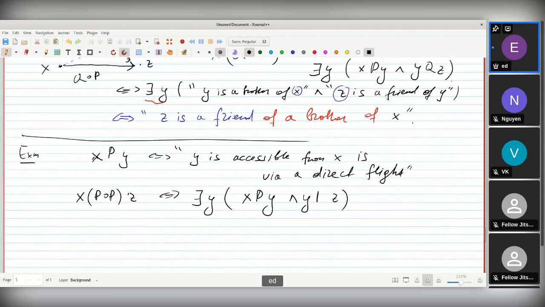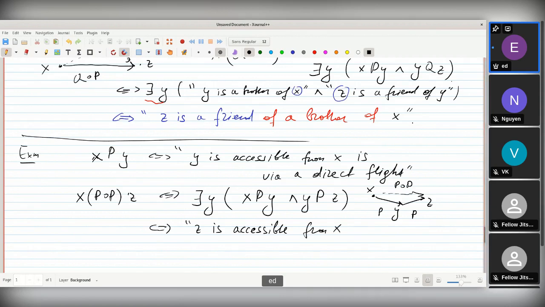But here Q is the same as P. X, Y, Z. That means that Z is accessible from X with one change.